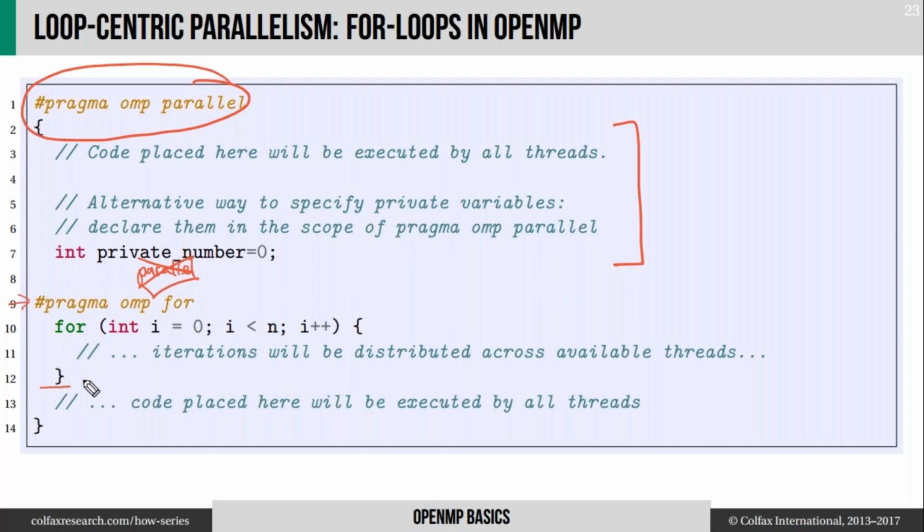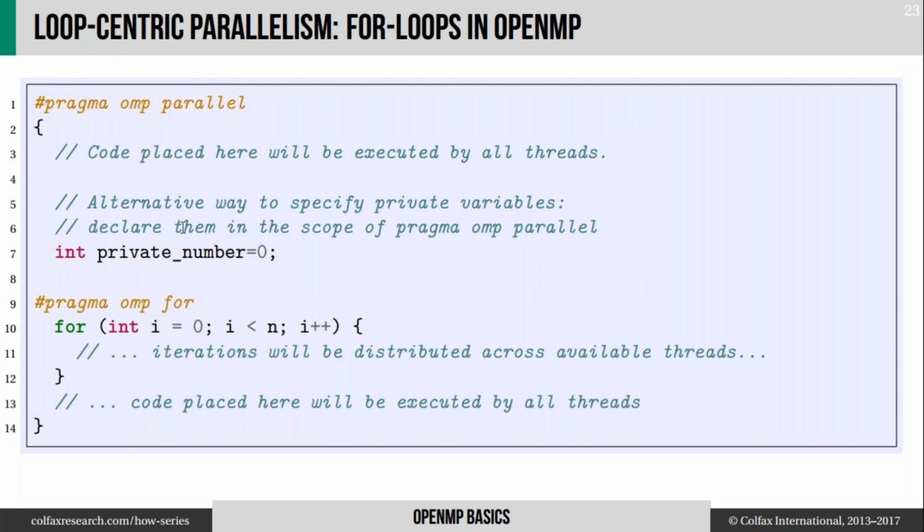At the end of the for loop, there is an implicit barrier. So threads are going to wait for each other, and when the entire loop is finished, they will resume execution in the parallel region, because see, this line is still inside of Pragma OMP parallel. And then at some point I will finish the parallel region.